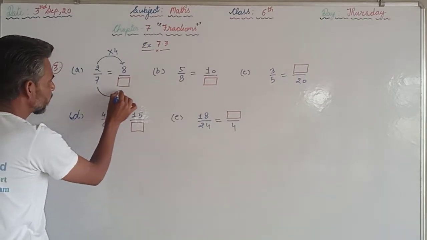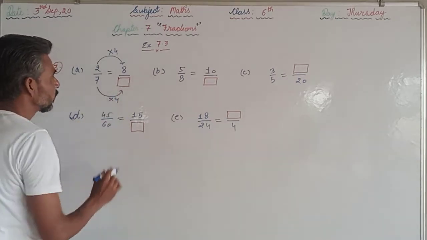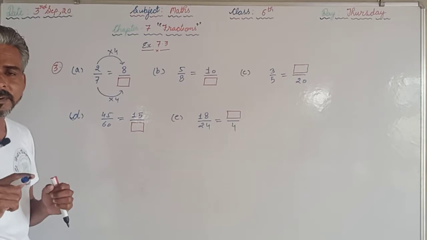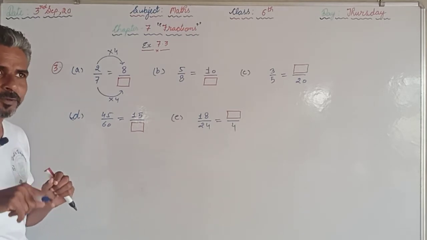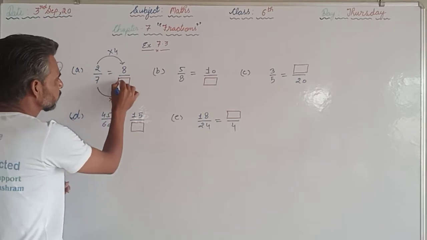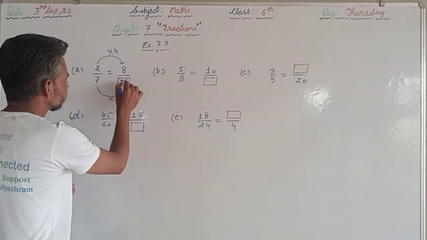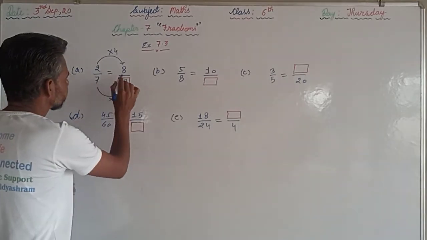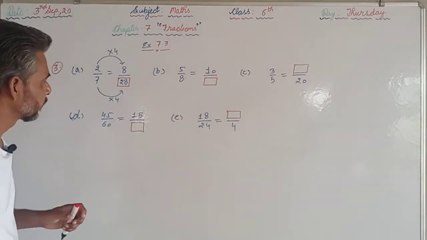So we have to multiply here also by 4, because to find the equivalent fraction we are supposed to multiply numerator and the denominator by the same number. So here 2 fours are 8, 7 fours are 28.